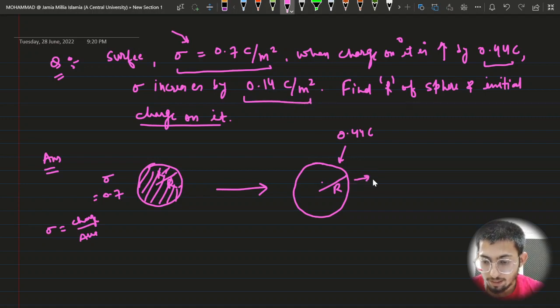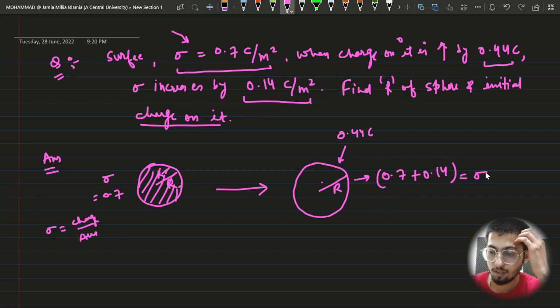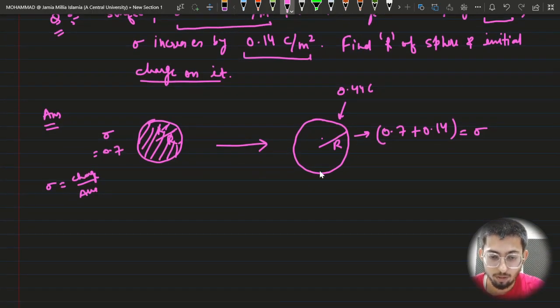So the net density would be 0.7 plus the increase, isn't it? That is the sigma in the second case. We need to find the radius of this sphere and the charge on it. How can we do it? Any guess?